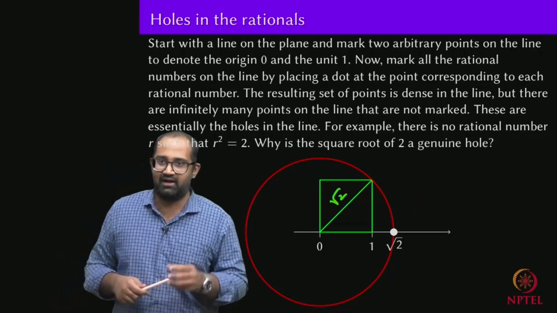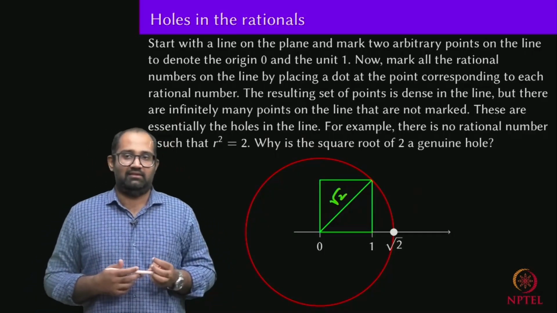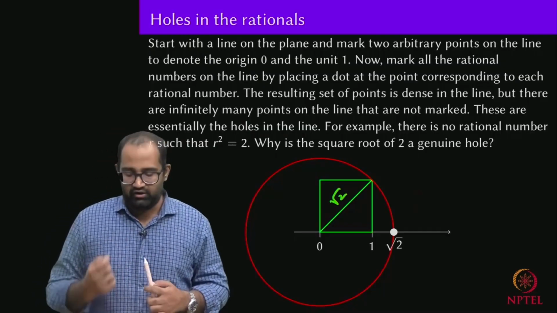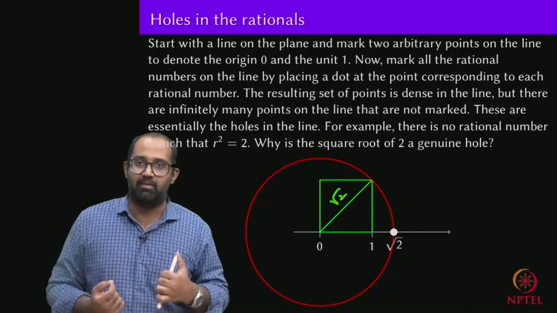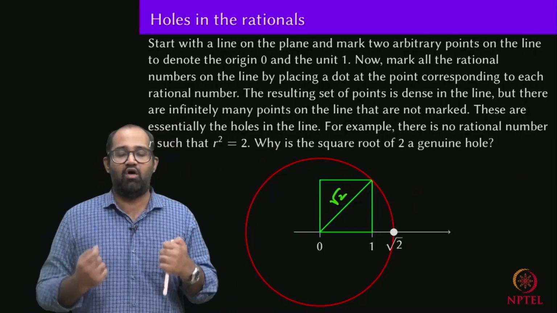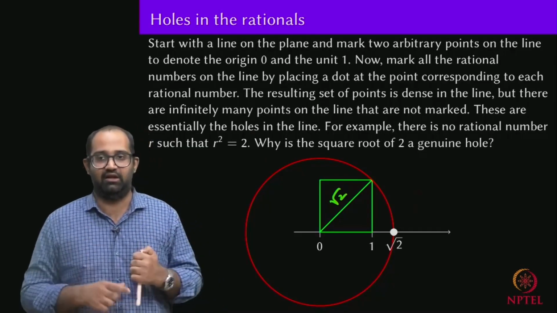I have marked it in dark white to indicate that it's a hole. That is not there when you mark out all the rationals. It is a point on the line that does not correspond to any rational number. So, geometrically we can see that there are points on the line which do not correspond to any rational number.